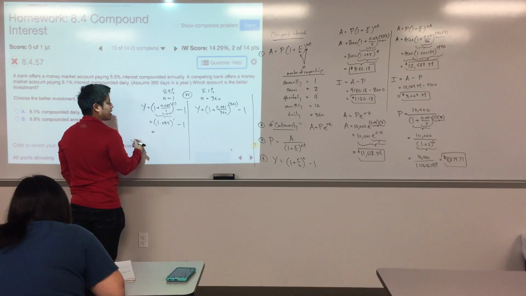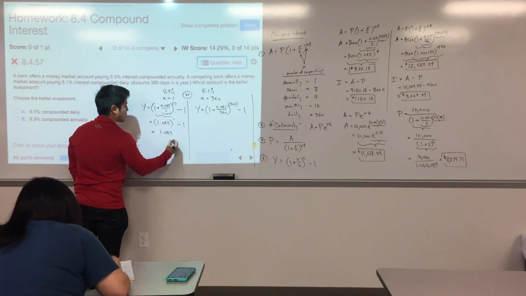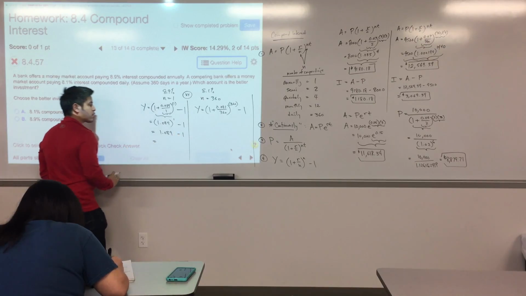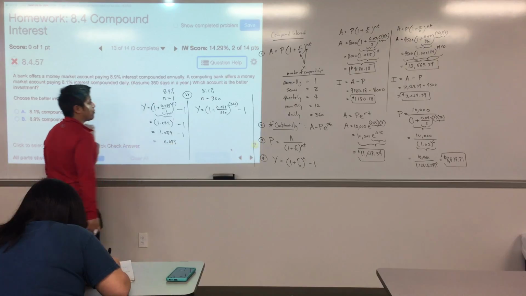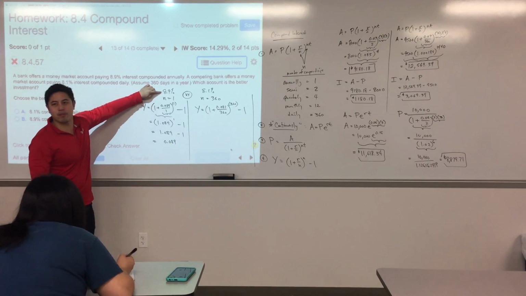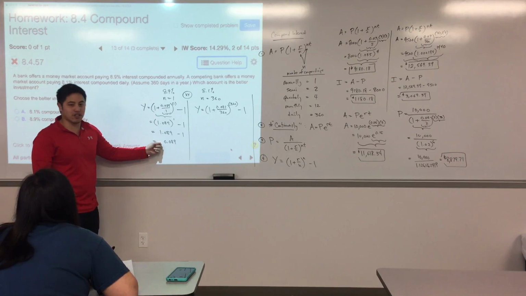What's 1.089 to the power of 1? 1.089. This one's the easiest one. And then if we subtract 1 from it, what do we get? 0.089. Bottom line is what? If you see a rate and just the n is 1, it's just the rate itself. But we need to go through that anyways.